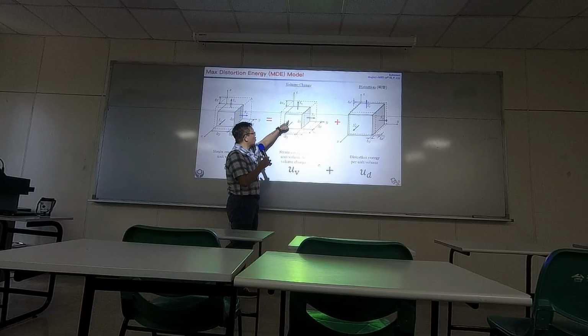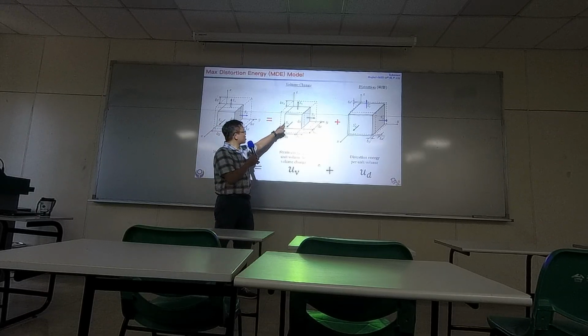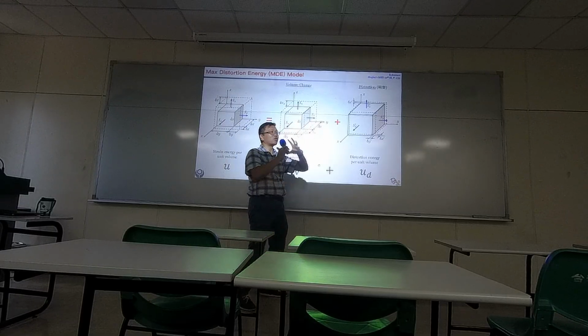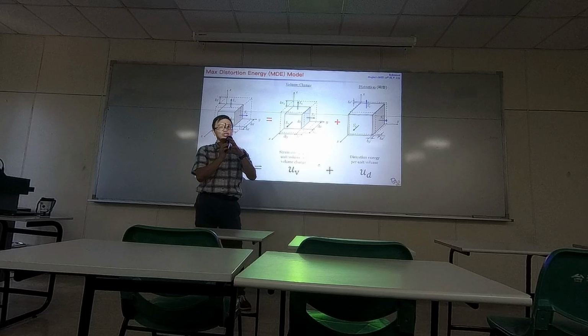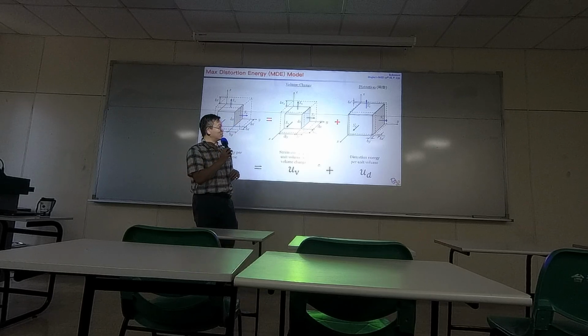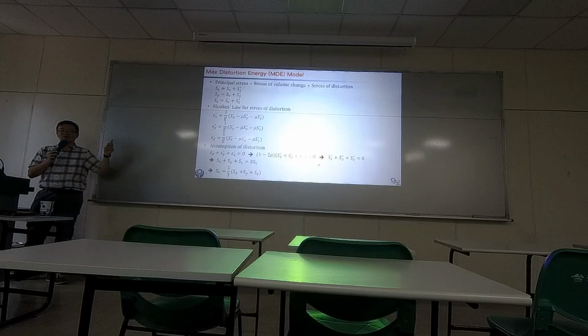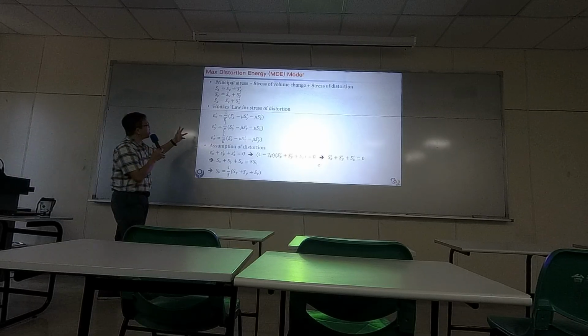But we just don't know the value of SV. We only know they should be the same, so this pure volume change can be enlarged evenly. That's the only thing we know. There's a value, stress V, SV, right there.